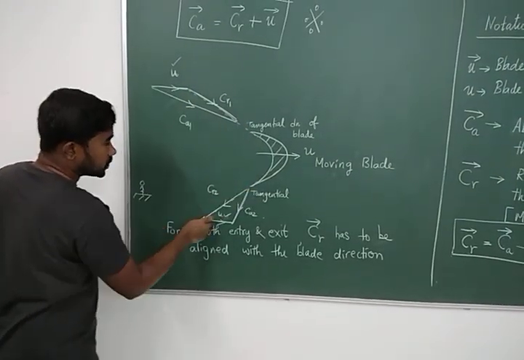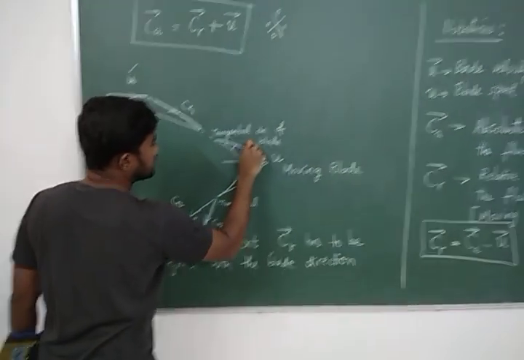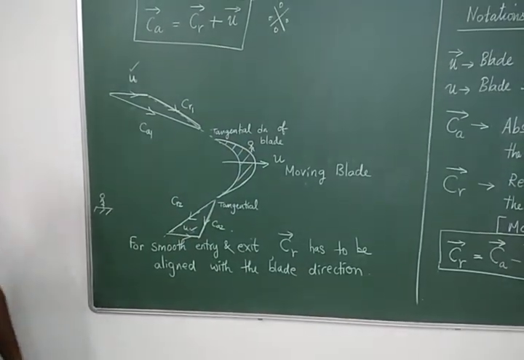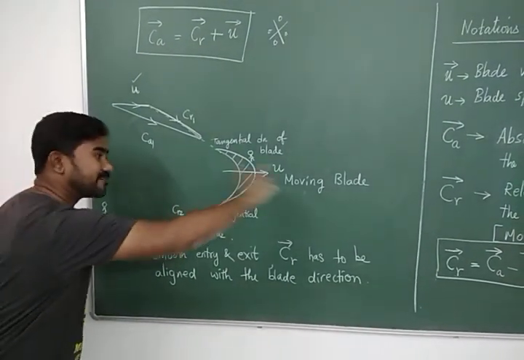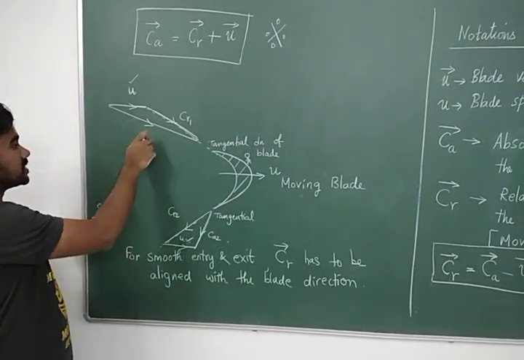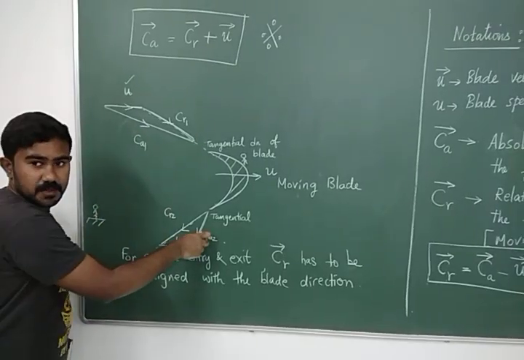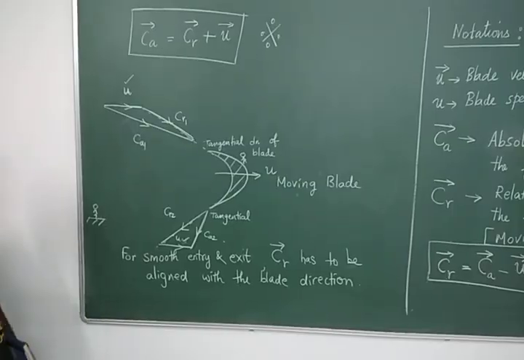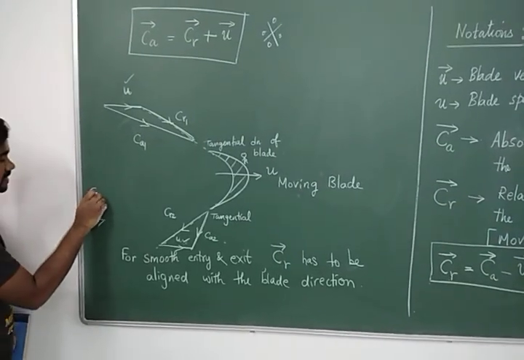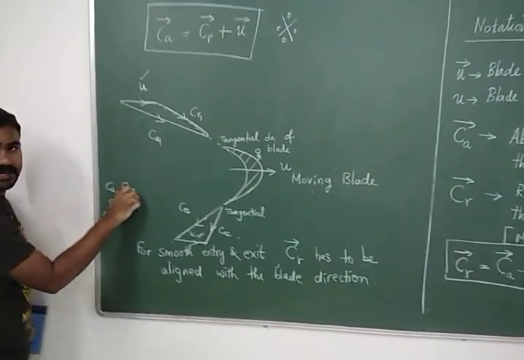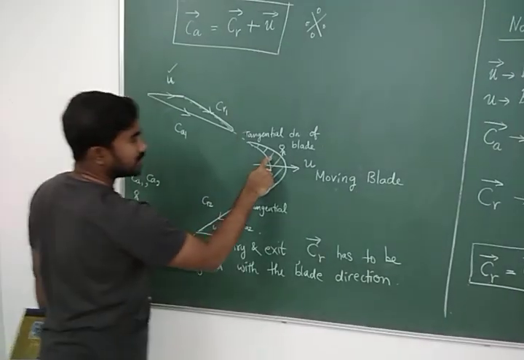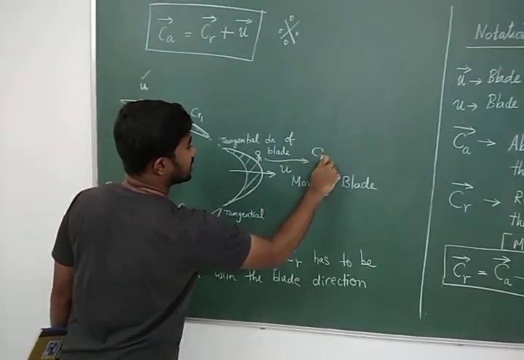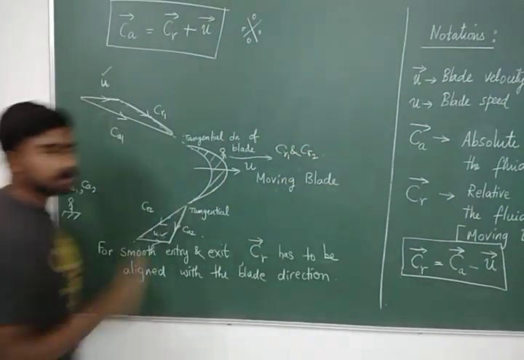CR1 and CR2 are the velocities of steam as seen by a person sitting on the blade. If there is a person traveling with the blade, he is not going to see the velocities CA1 and CA2, but he will be seeing velocities CR1 and CR2. The person on the ground will see CA1 and CA2. The person on the blade will see velocities CR1 and CR2.